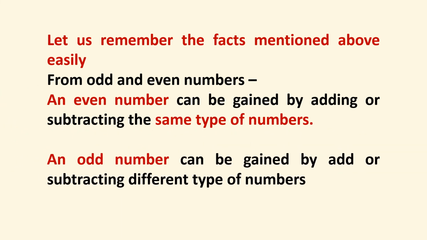An odd number can be gained by adding or subtracting different types of numbers. That means if we add an odd number and an even number together, the result is an odd number. Likewise, if you add or subtract different types of numbers, then you can obtain an odd number as the result.